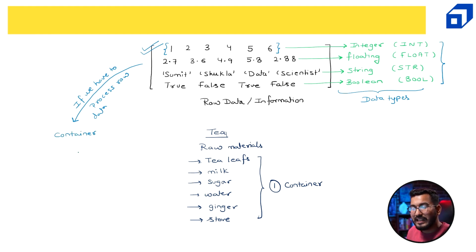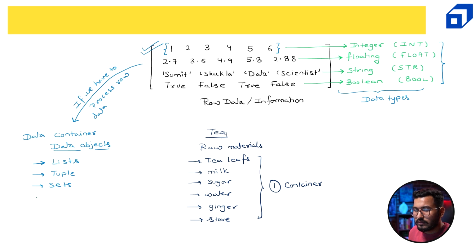And these containers, or maybe the data containers that hold the data for processing, are known as data objects. So the data objects that we have are list, tuple, sets, string, dictionary.